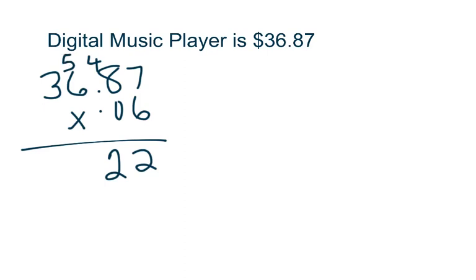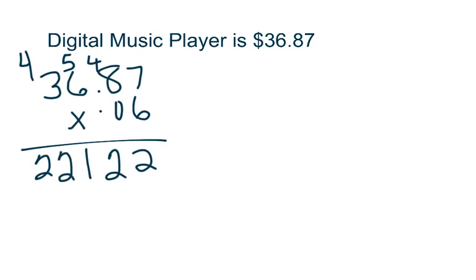Carry the 5. 6 times 6 is 36. 36 plus 5 is 41. Carry the 4. 6 times 3 is 18. 18 plus 4 is 22.